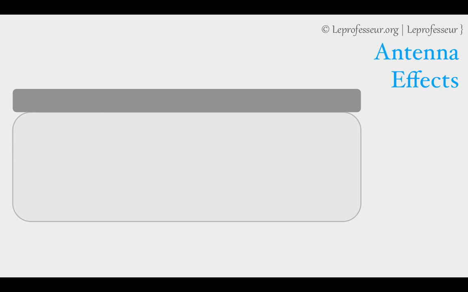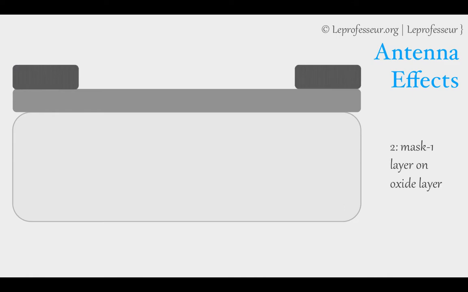After that, the second step is typically to put a mask on that oxide layer. The idea here is that you want to etch out this oxide. The place where you don't want to etch out the oxide, you put a mask. And the place where you want to take off the oxide, you don't put a mask.